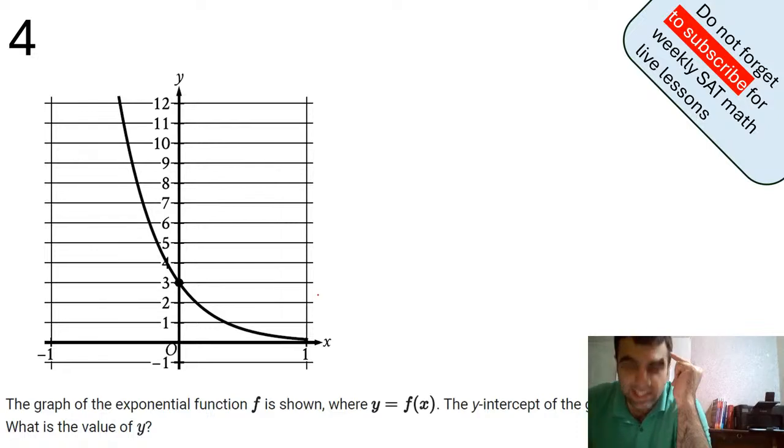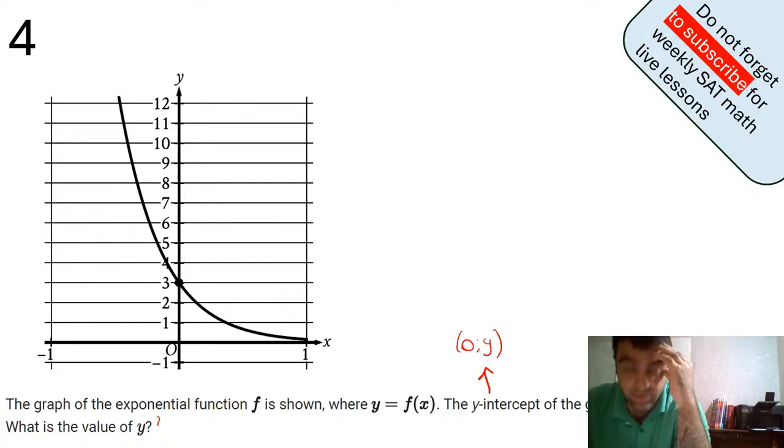Let me read the question for you. The y-intercept of the graph is (0, y). What's the value of y? It is asked. Mr. Shahin says 3.